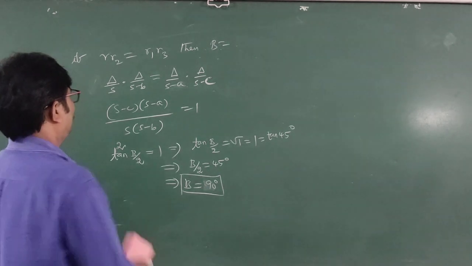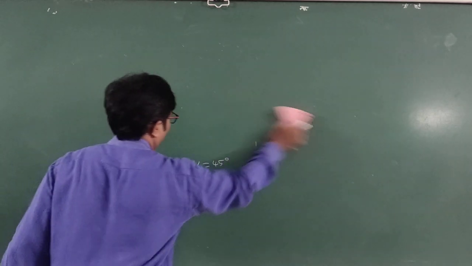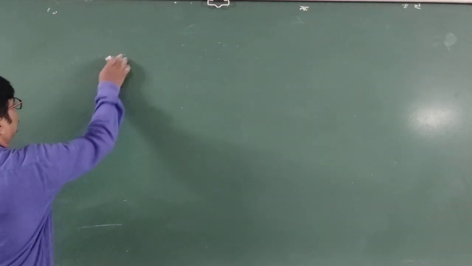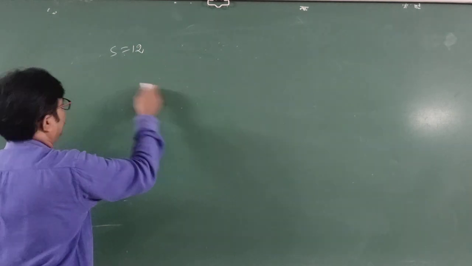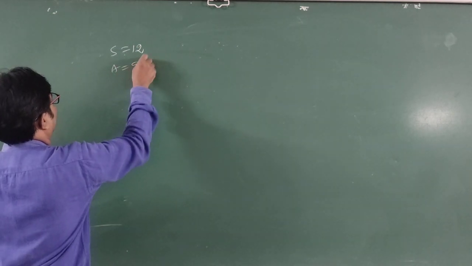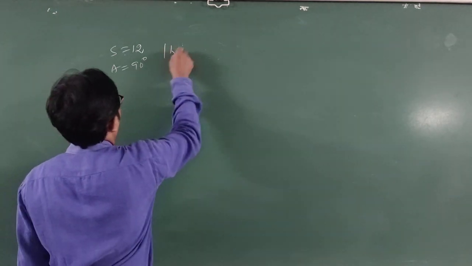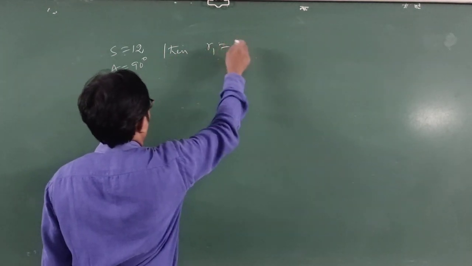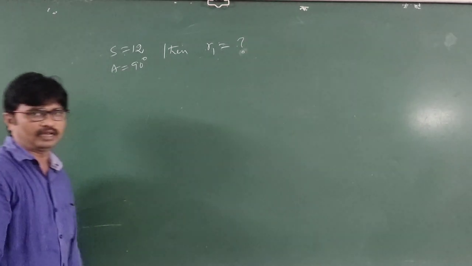Okay, after that students, now let us discuss the next question. The small s equals 12 and the angle a equals 90 degrees. Then find r1. These are all based on formulas.